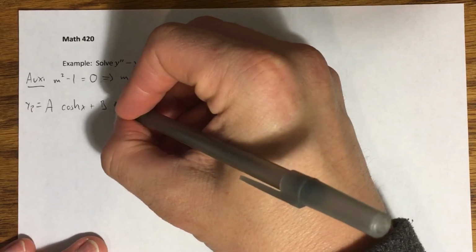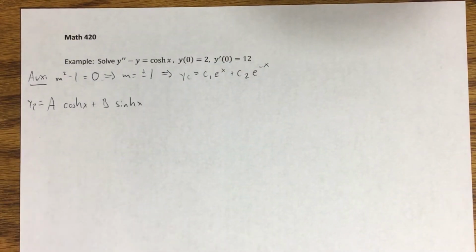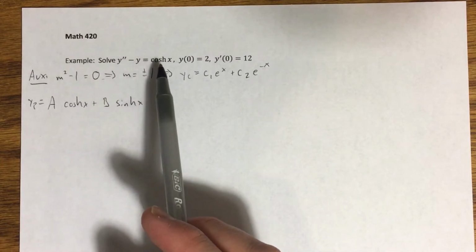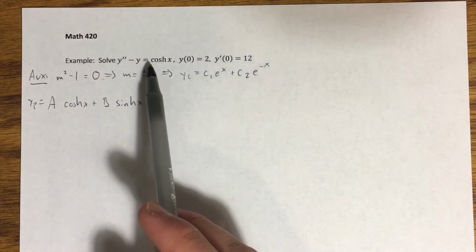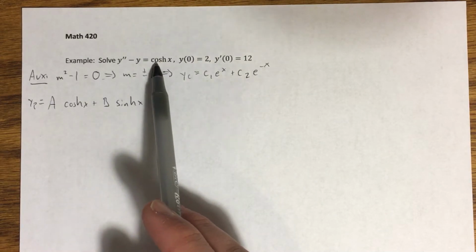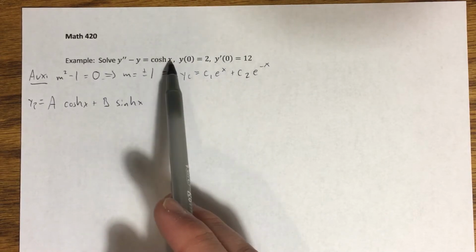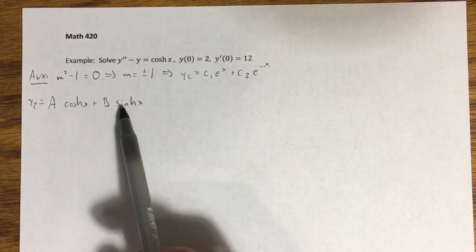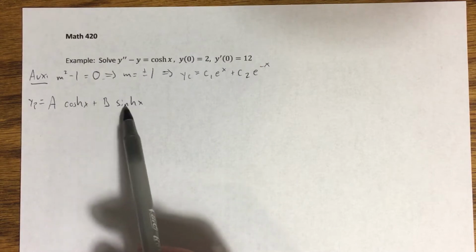The reason for that is because this appears initially like a case 1 situation. In a case 1 situation, what you would do is observe all possible derivatives of this guy. Remember, cosh of x, its derivative is sinh of x. Derivative of sinh is cosh, and they just bounce back and forth. So we need a linear combination of cosh and sinh.